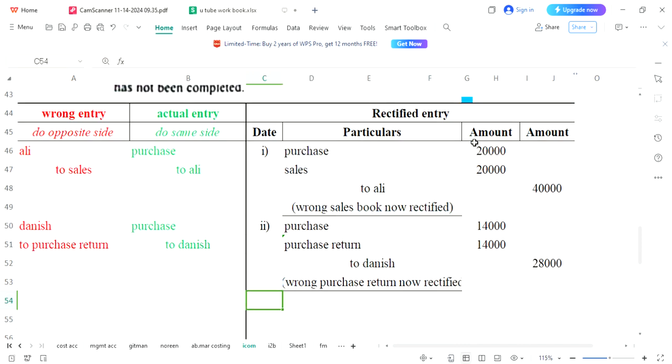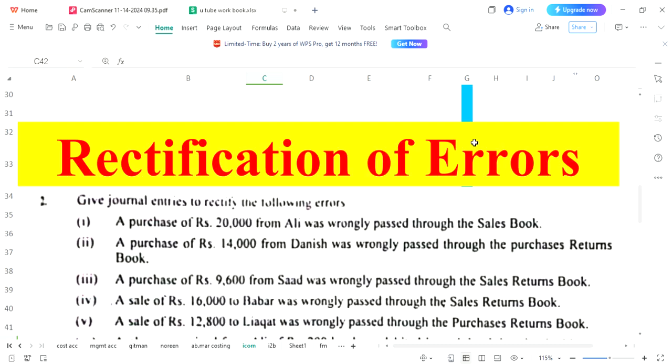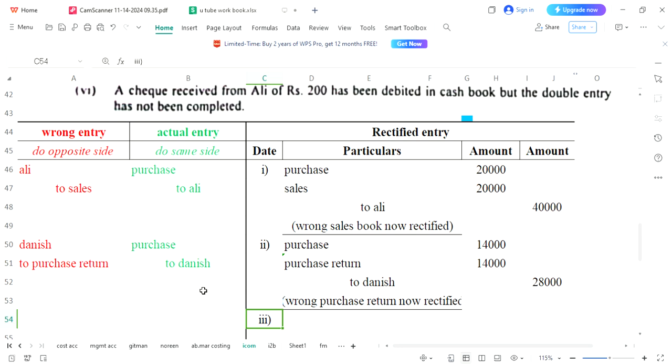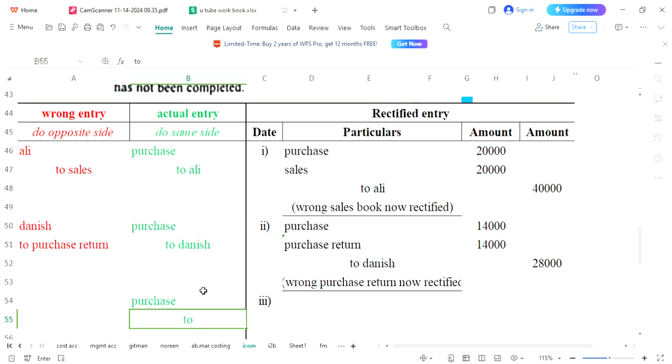Alright, two entries completed. Now third entry, a purchase from Saad. Purchase from Saad. Again, same entry. Purchase to Saad was your first entry.